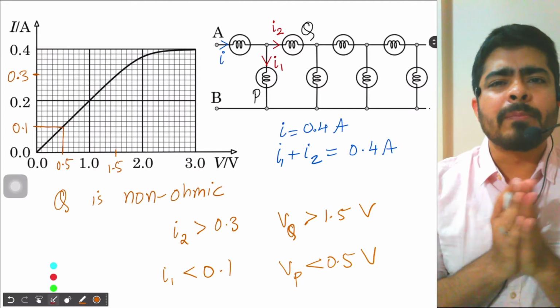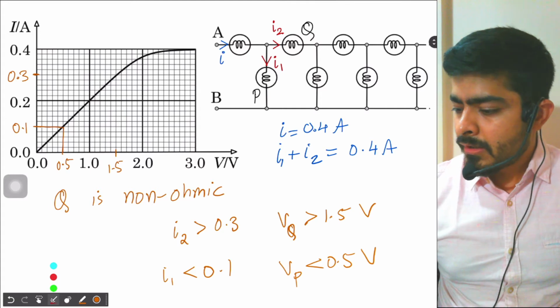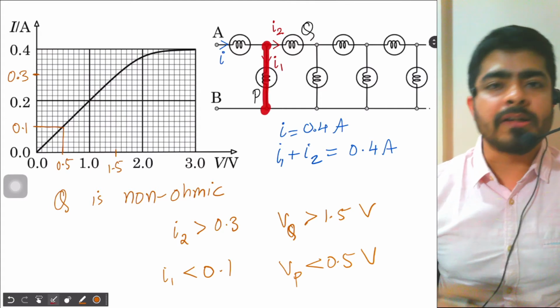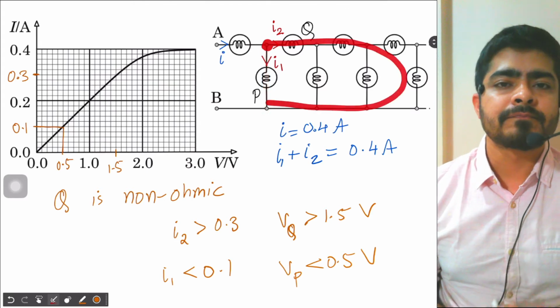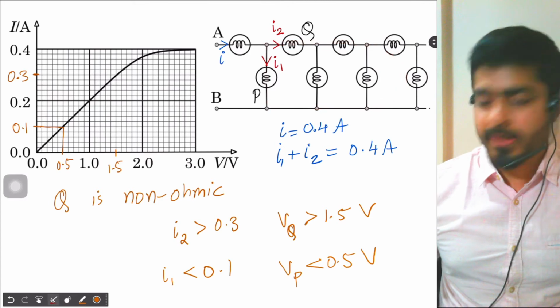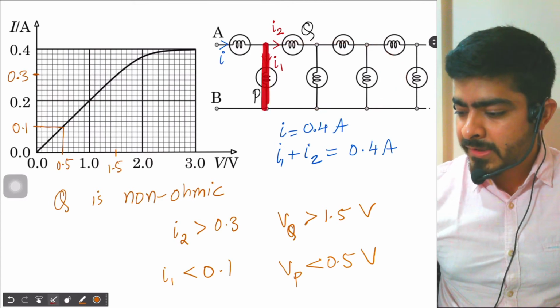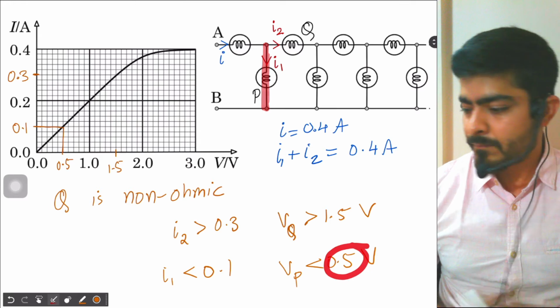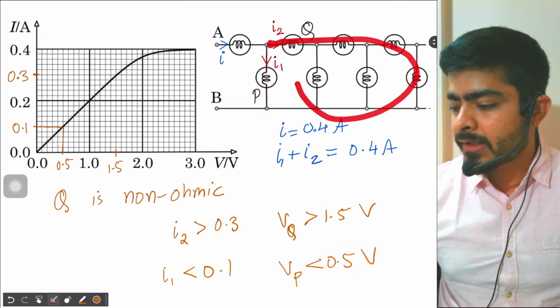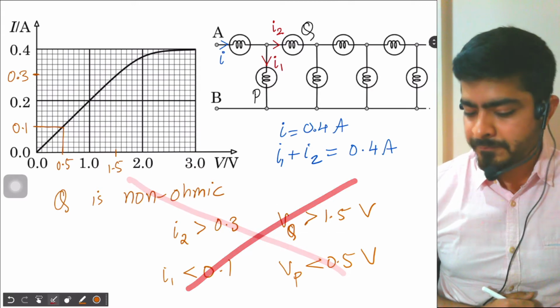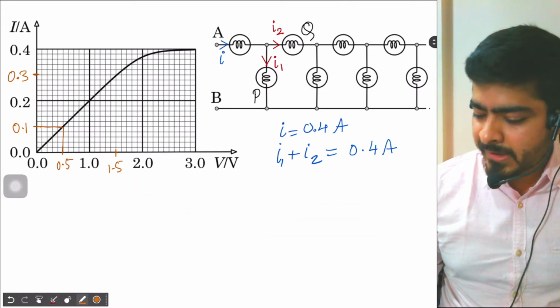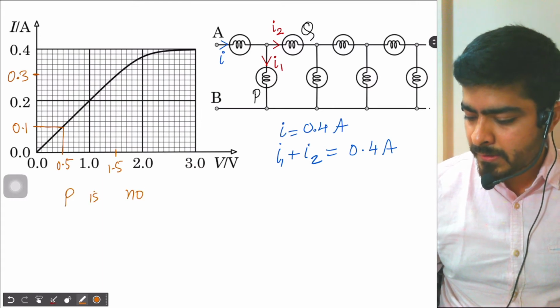Now you tell me one thing. The voltage across this resistor should be equal to the voltage across this whole ladder. That means if voltage across this resistor is 0.5 or less, then the voltage across this whole ladder should be less than 0.5. But we are getting VQ itself to be more than 0.5. So this situation will not be possible. Now let's look at the second situation, which is P is non-ohmic.